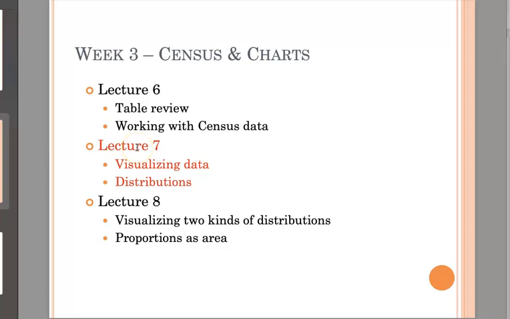In lecture 7, we will talk about how to do the visualization for data, and we will talk about distribution. In the previous lectures, we talked about how to create tables. Each table contains a data set.